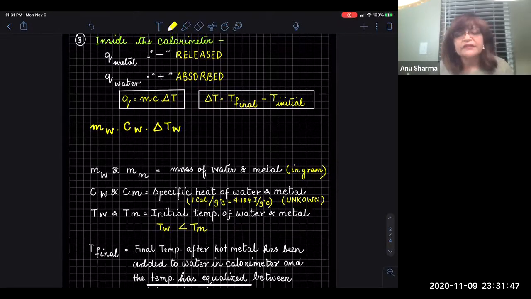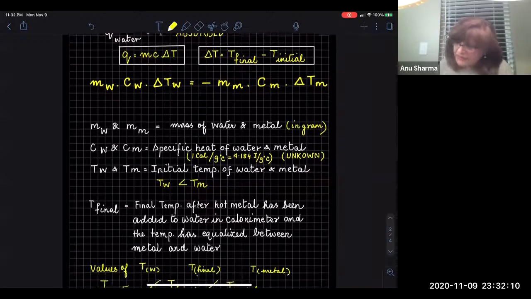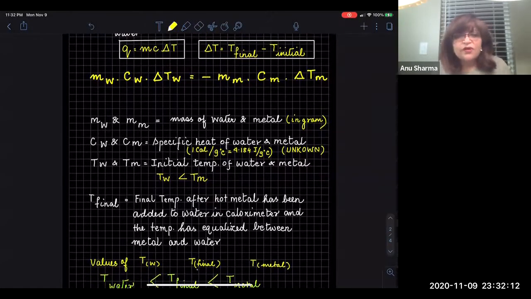This is the water that is inside the calorimeter, and it is equal to minus the mass of the metal times the specific heat of the metal, which is our unknown that we're trying to find, times the change in temperature that occurred on the metal side. The mass is going to be in grams. The specific heat of water is known, which is 4.184 joules per gram degree Celsius.